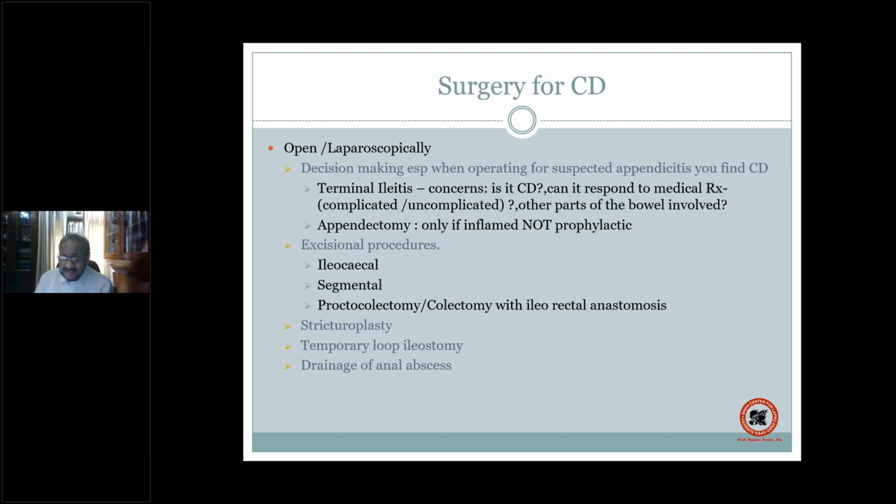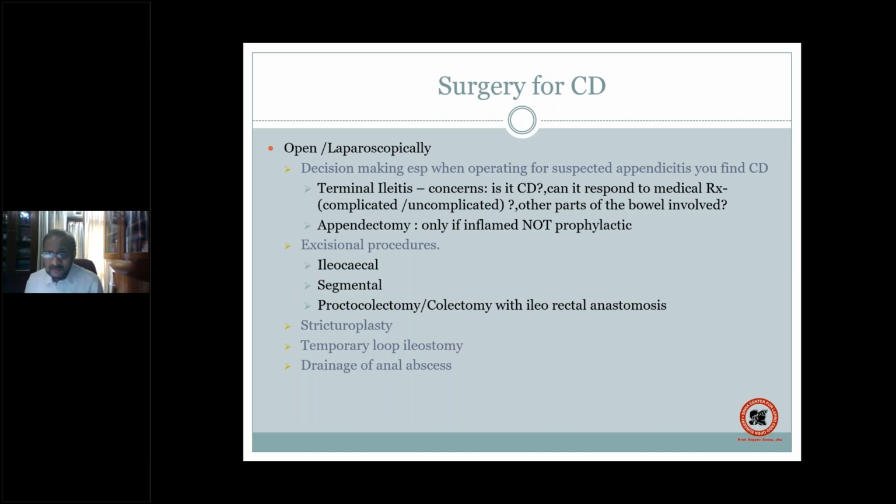If it is uncomplicated, simple inflammation, don't do anything. Just come out. It's going to respond to medical therapy. But if you find early stricture formation or adhesion formation, or a lot of fat distribution in the mesentery, then you suspect that at a later point in time this patient may require surgery. There you have to decide whether at this point in time you would like to go in and excise that.